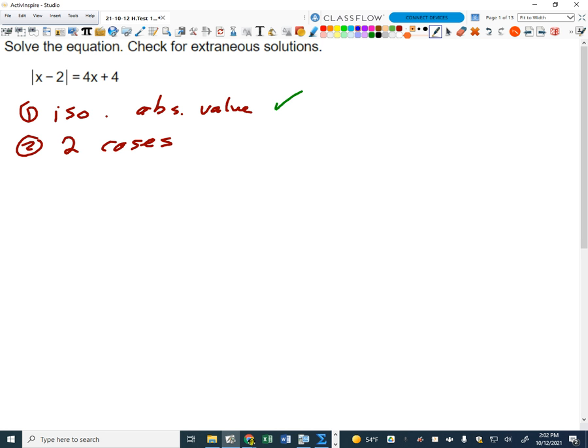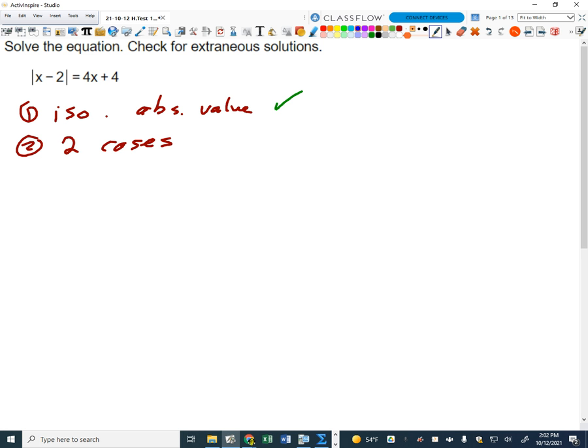How's that work? How do I set up my two cases? What's the pattern I follow here? I've got to set up my two cases here, set up the two equations from this. Okay, so what's positive? What do you mean by that? What's equal to what?